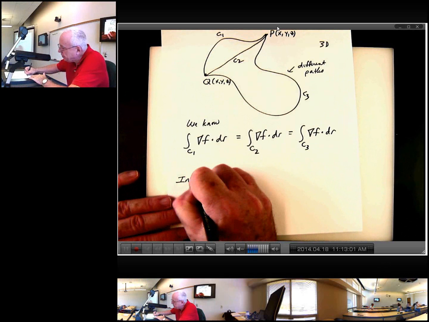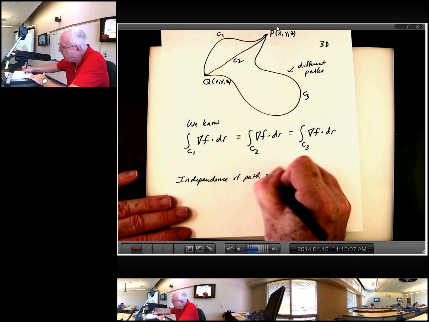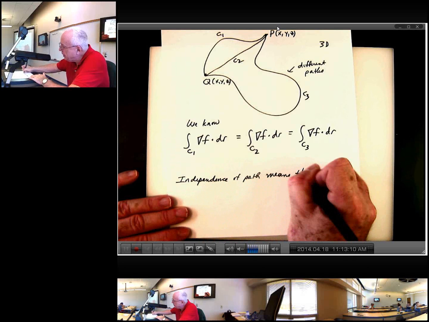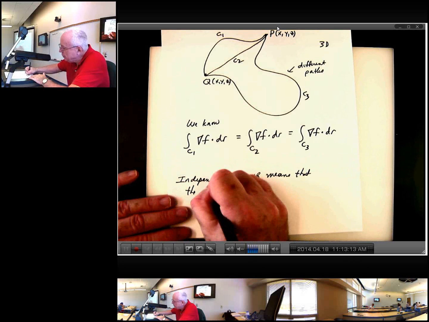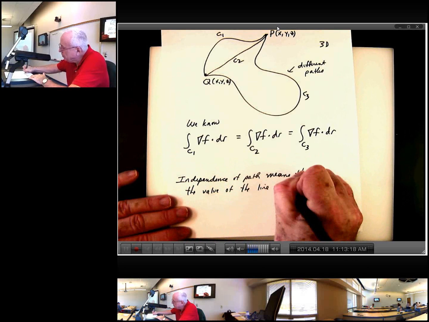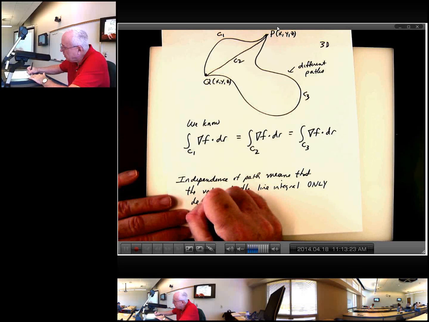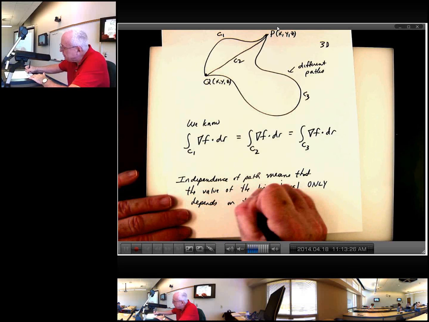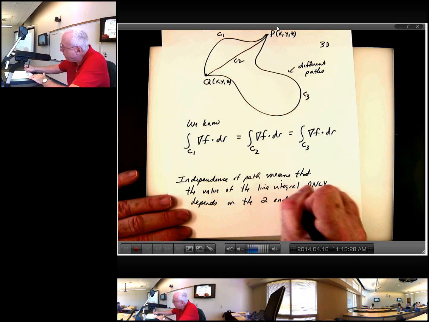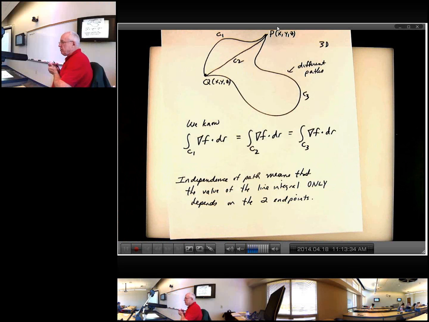Independence of path means that the value of the line integral only depends on the two endpoints. It does not matter how we get from one to the other. It only depends on the two endpoints.